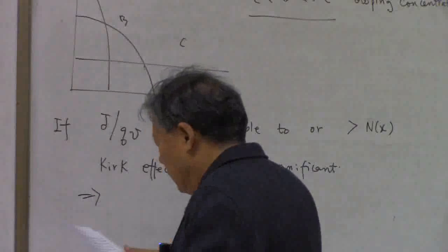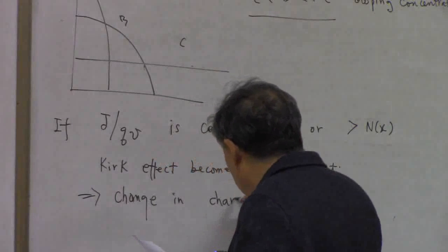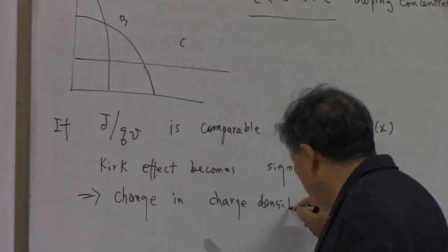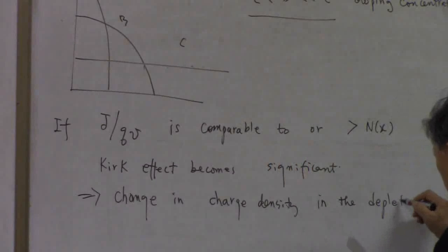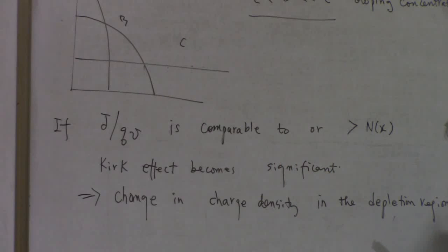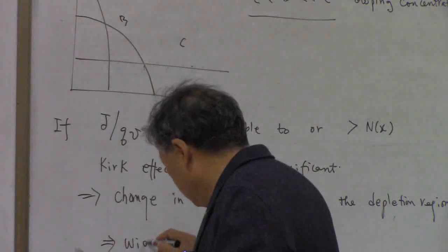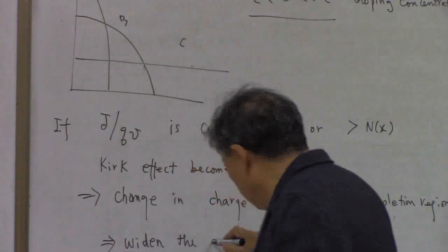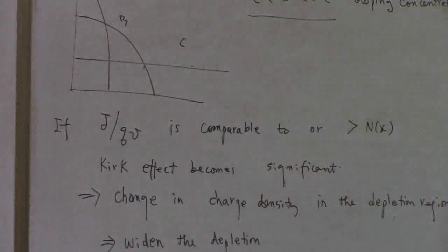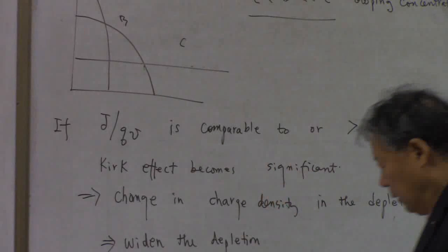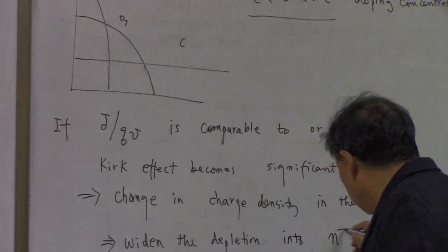It means a change in charge density in the depletion region, which is going to widen the depletion region into the N minus collector.